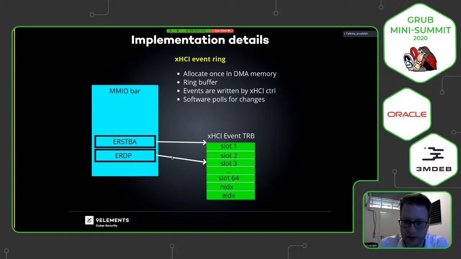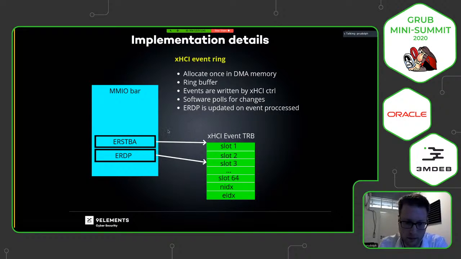The software tests if there are one or more events in this ring buffer. And if so, it processes them and updates the IRDP register, which tells the hardware that the slot is not used anymore and can be filled again by the controller using DMA transfers.